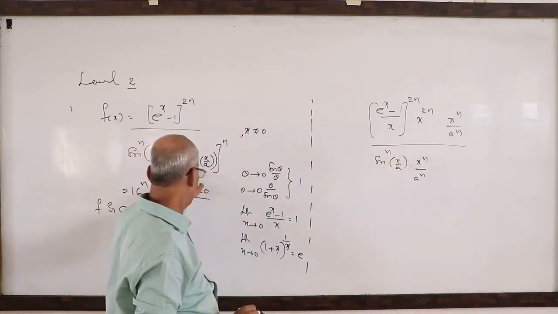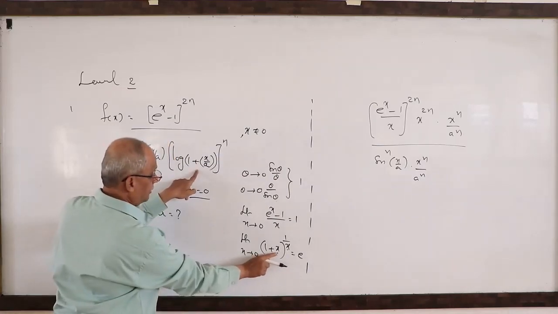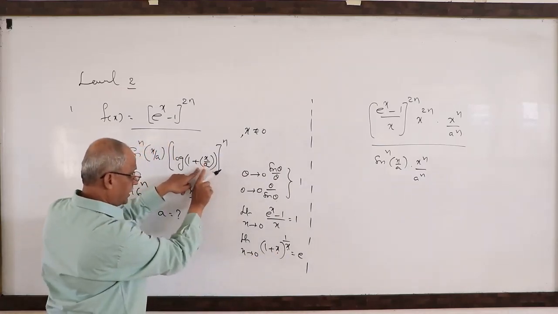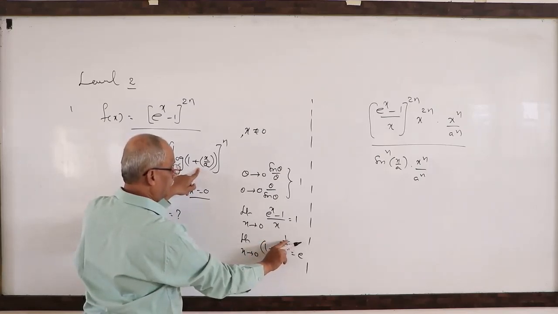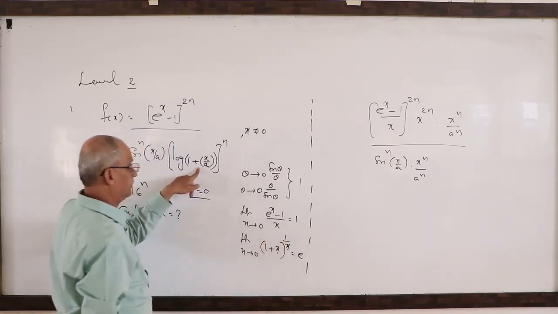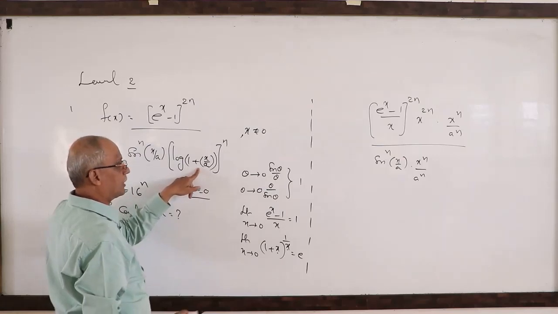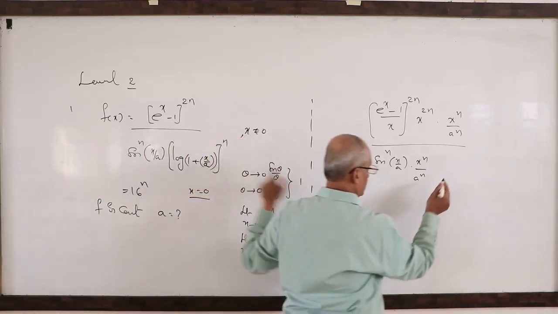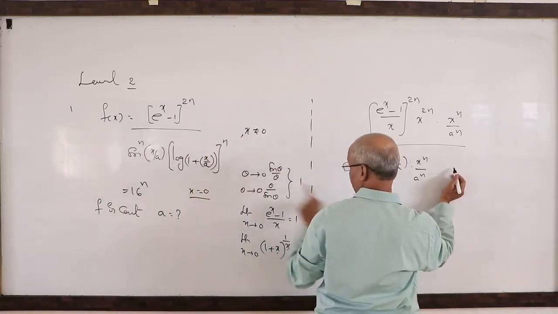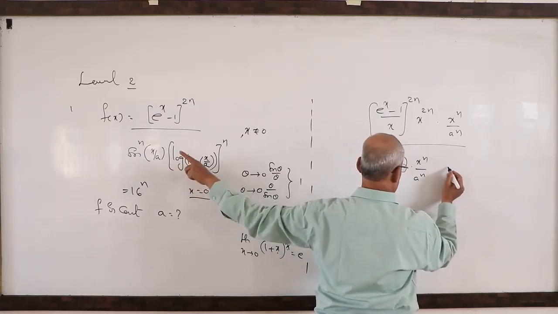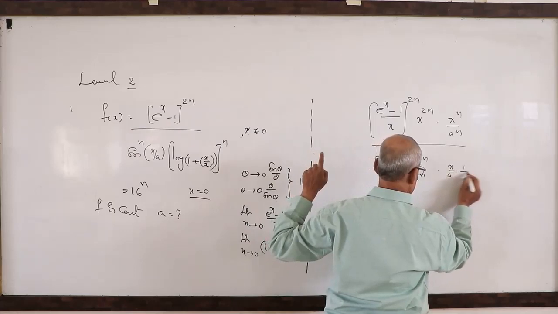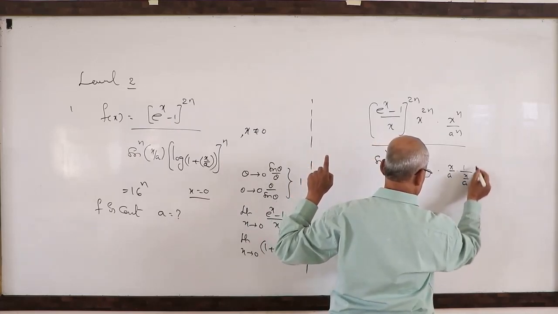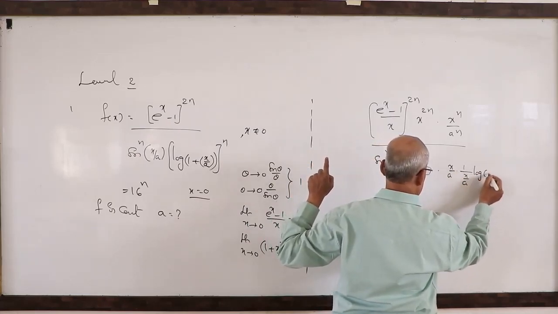Next, here this result we are using in the place of x, x by a. So 1 by x by a we are arranging. For that, here multiply, divide first. X by a, 1 by x by a, log of 1 plus.